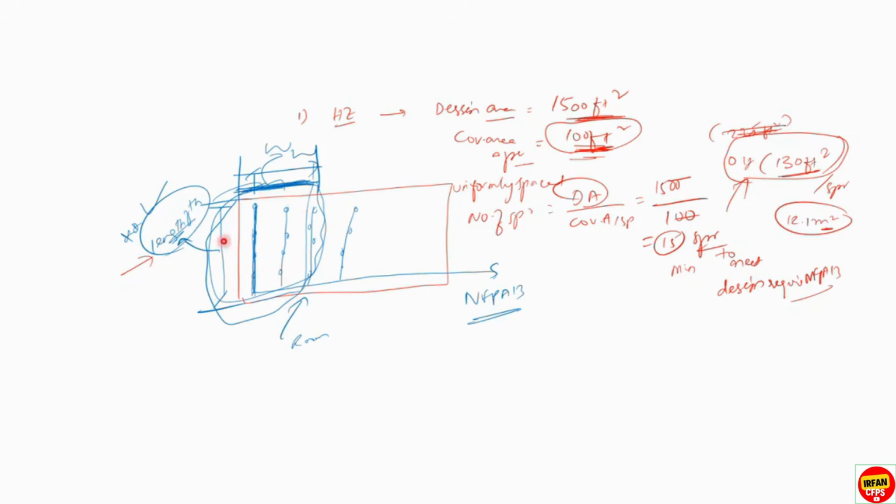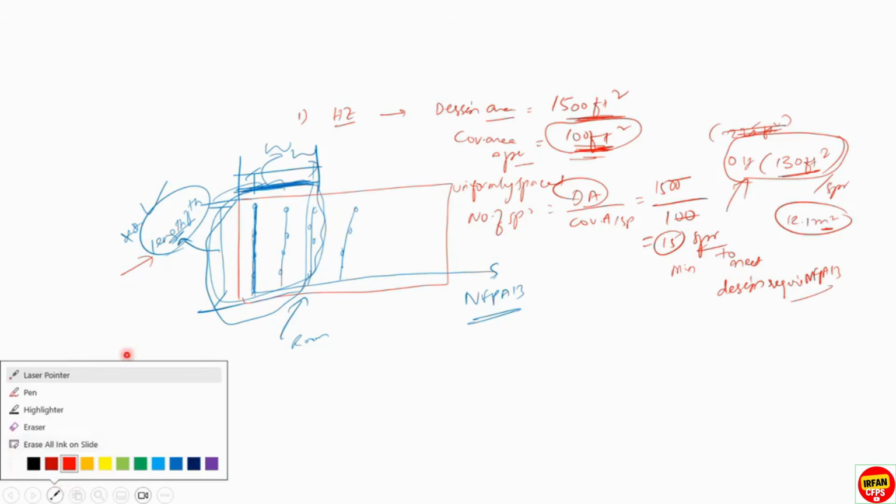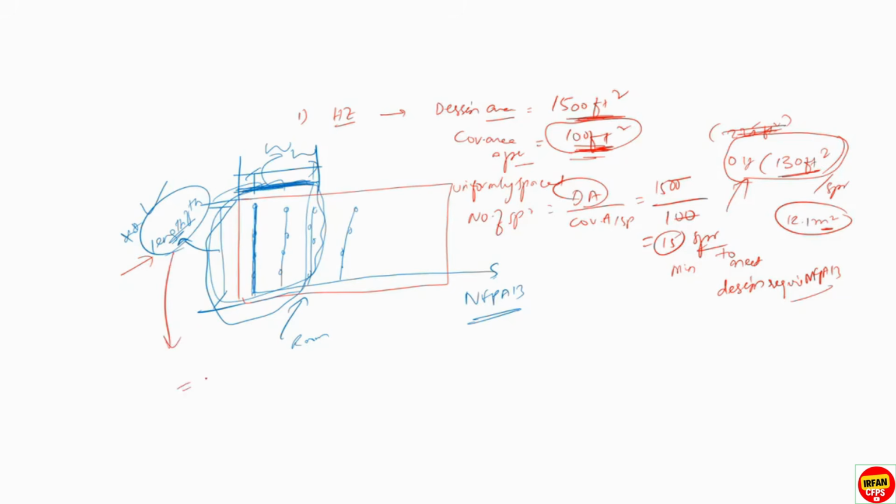Now, what should be the shape of the design area? Whether it should be an irregular shape, or whether the design area shall be a rectangular or square shape. I'm trying to explain that now. Before that, I'll write this formula here.